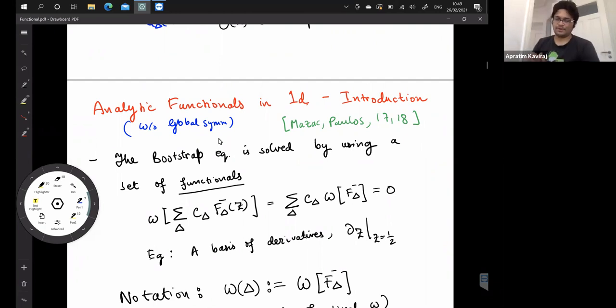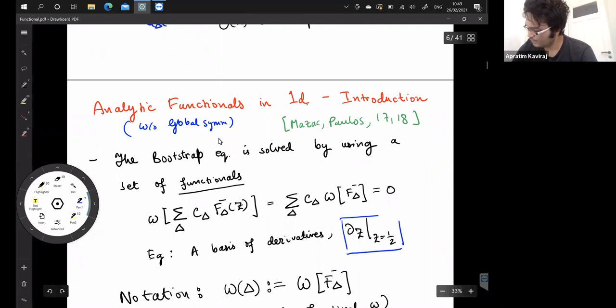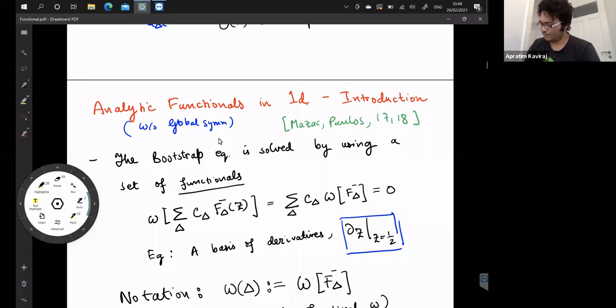A functional can be a basis of derivatives. By the way, for 1D you just have one cross ratio, so these derivatives will have just one derivative, del z, at some certain point, for example, z equal to half.